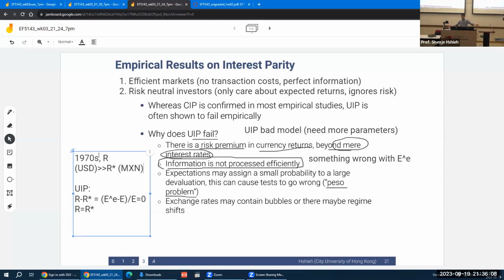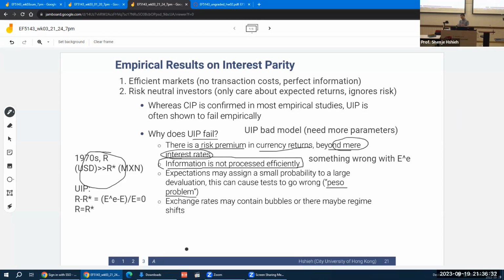So expectations were totally wrong, and there was a subsequent devaluation of the Mexican peso as a result, and obviously the peg was dropped. That's the information being completely wrong in the markets. This should never have happened. Those interest rates should be the same, right?